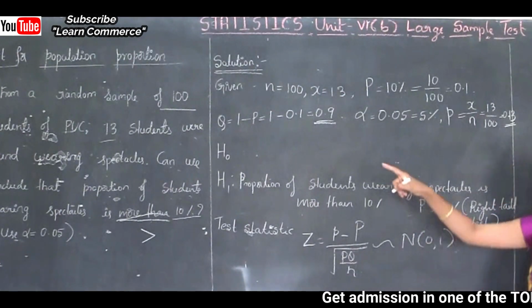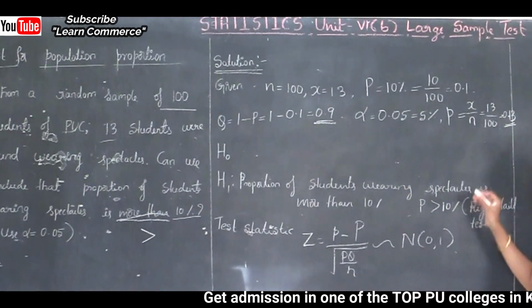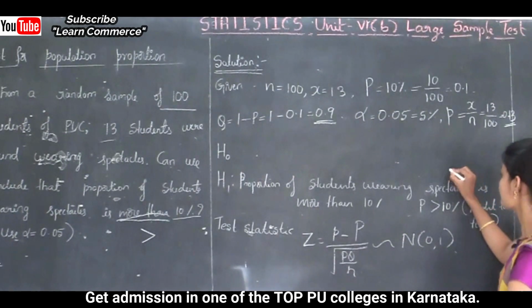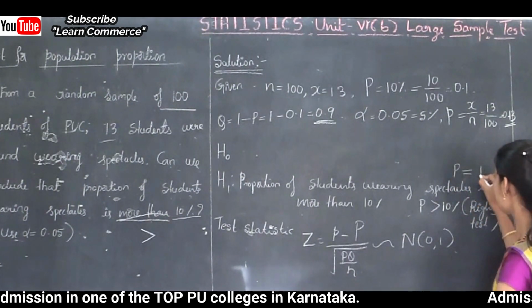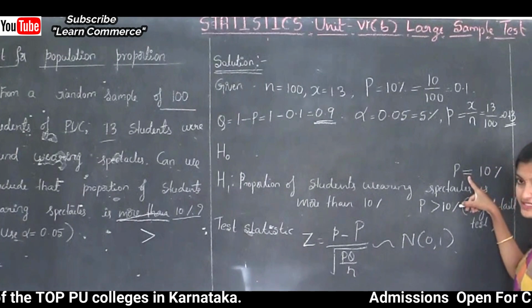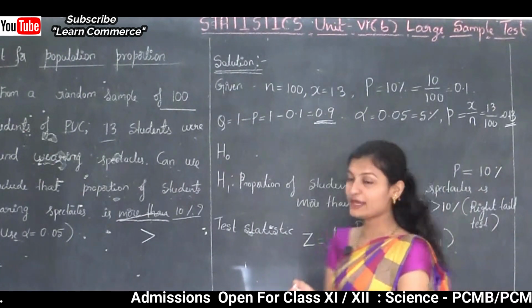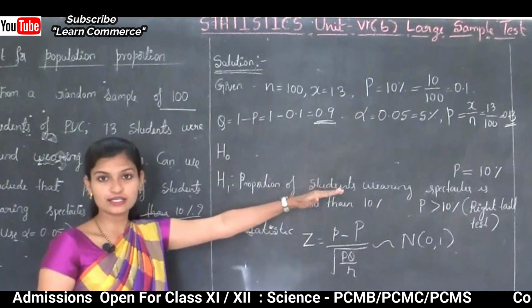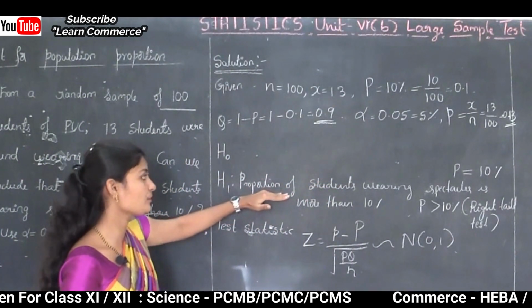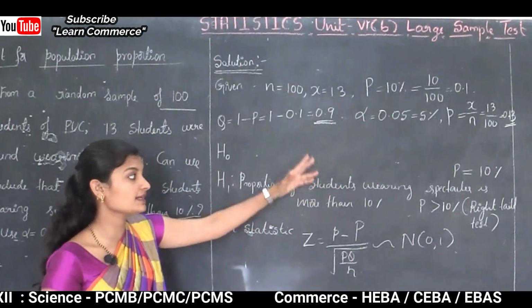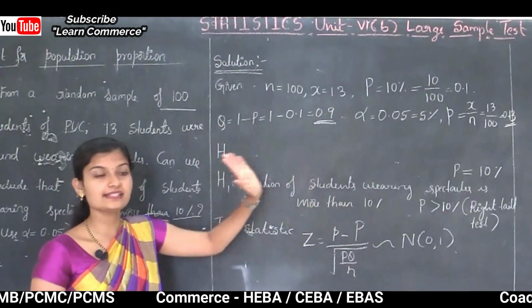And we know that the null hypothesis is always equal to type, so we have to write it like this. Then what is the null hypothesis here? If we write that the proportion of students wearing spectacles is 10%, then it is equal to type.